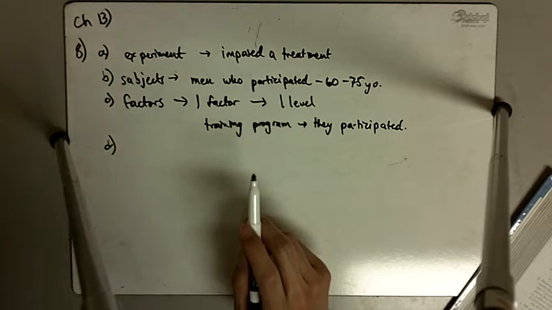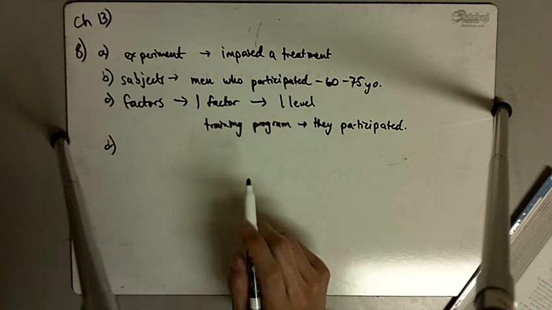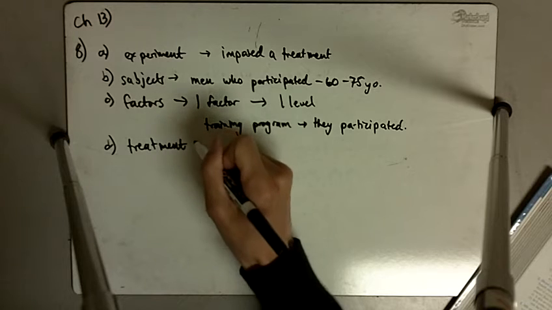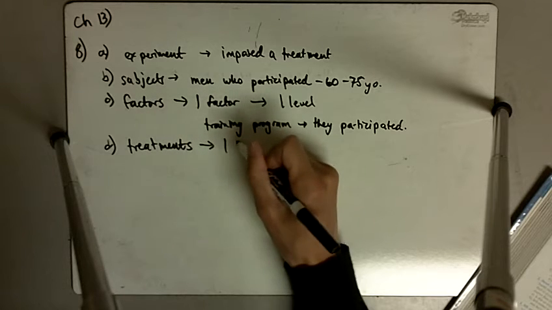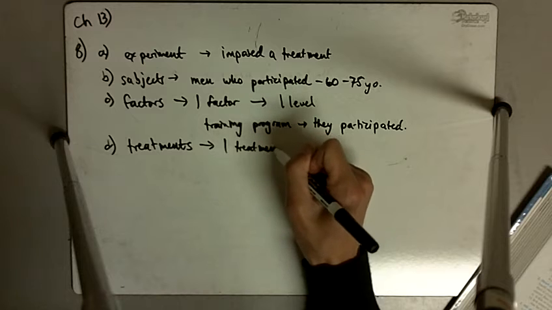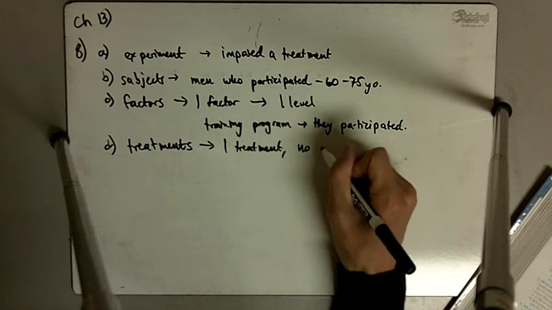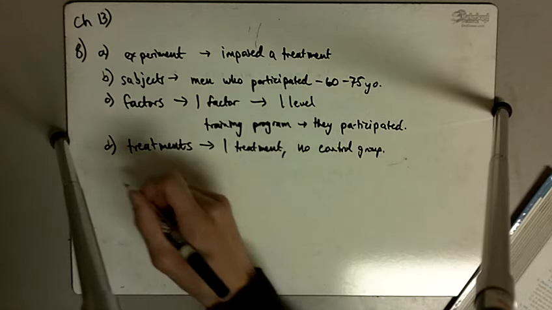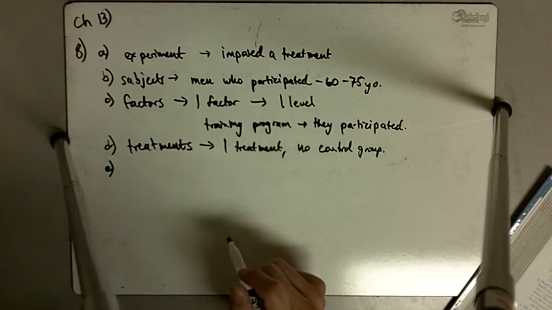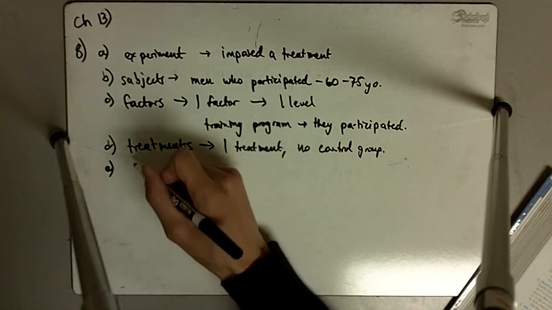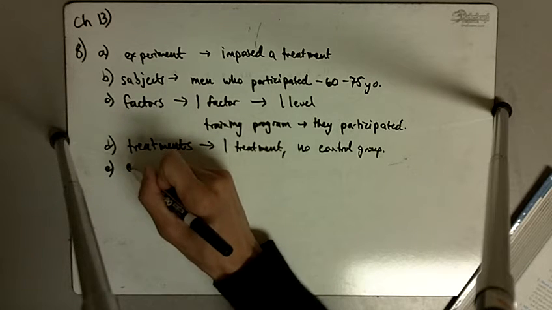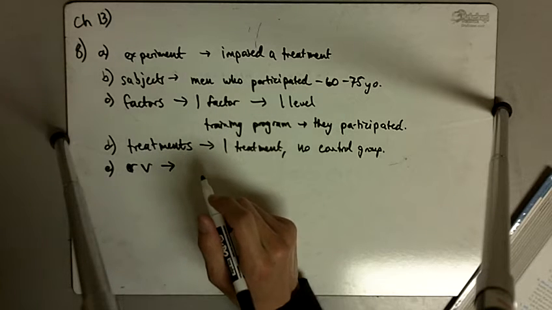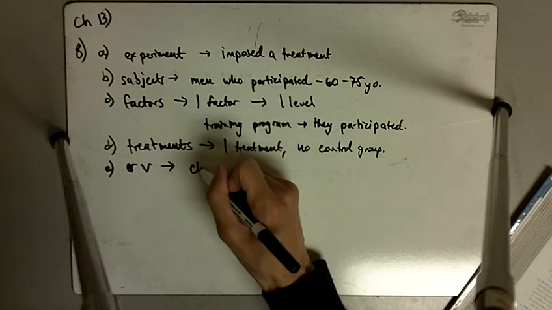So the number of treatments here is only one treatment, and there's no control group. Just everybody participated together. And the response variable measure, I'm going to write RV for response variable, is the change in strength, okay?